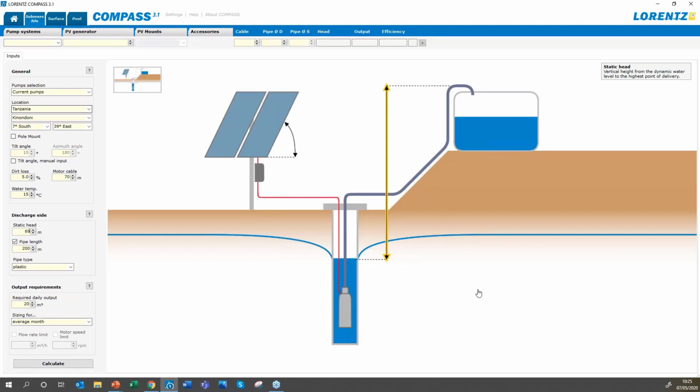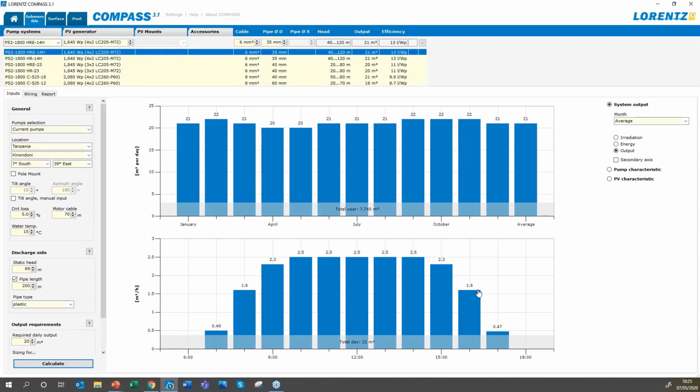So location's in, our pressure is in, so we're using static head plus a pipeline, and then we've got our required daily amount, so 20 cubic meters per day, and I hit calculate. So what Compass is doing, what it's sitting and thinking here, is going through quite a complex set of mathematics.